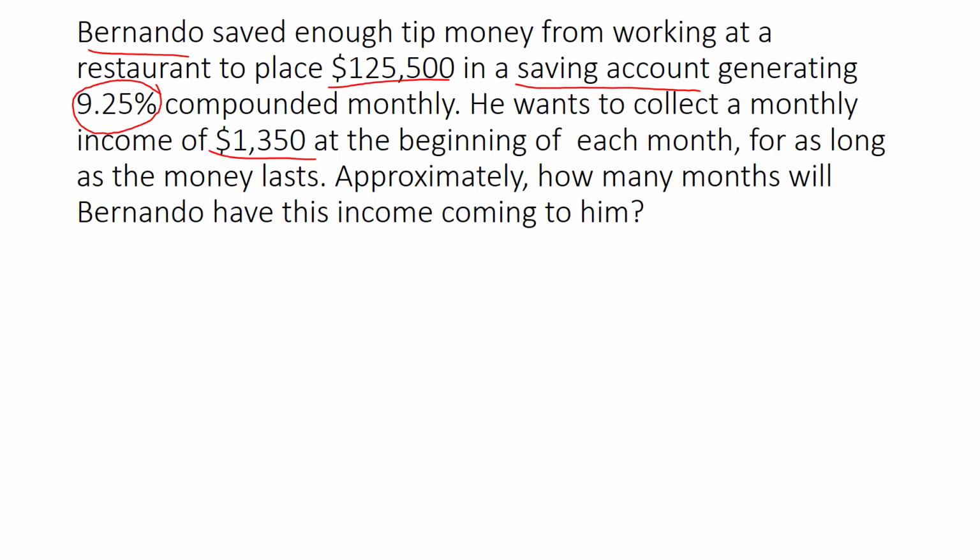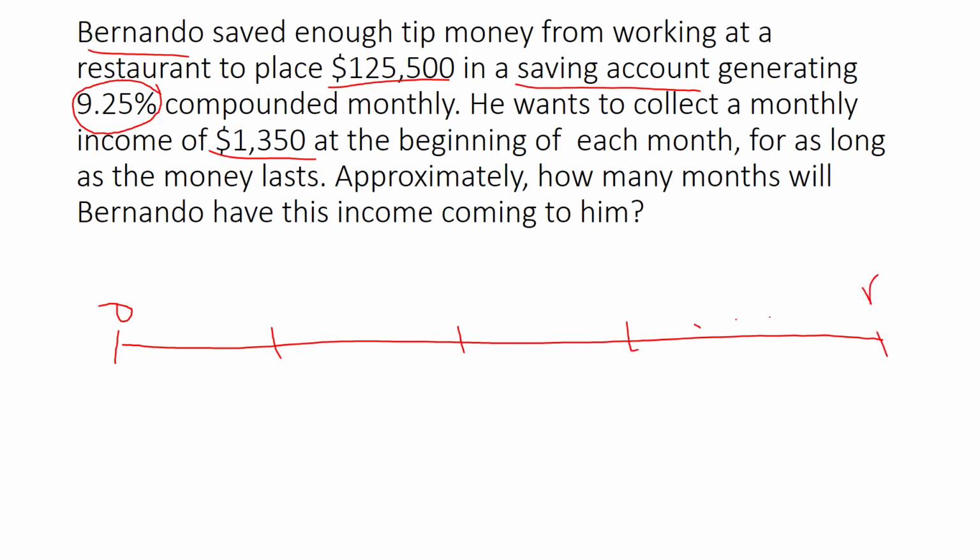Let's put this information into a timeline. The timeline here starts from 0, the current period, and then 1, 2, 3, dot dot dot to n. So he has at the beginning $125,500, right?